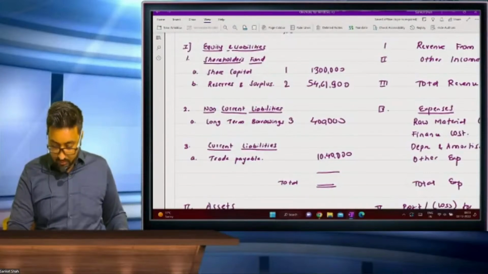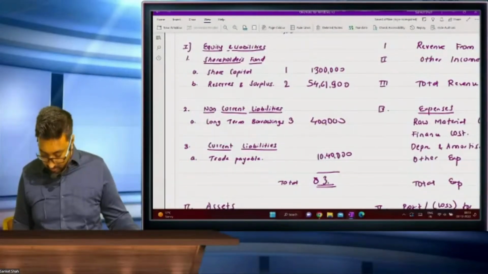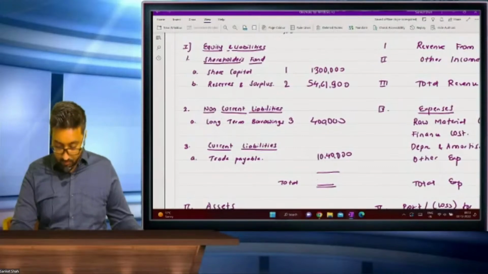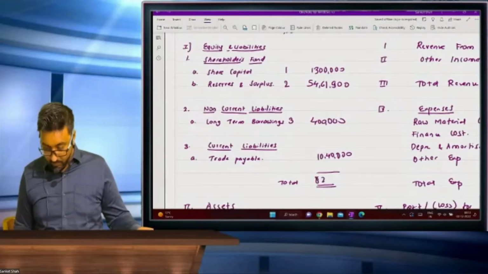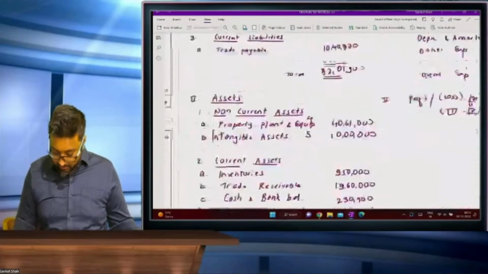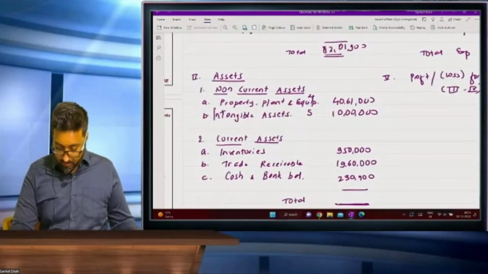400 plus 1040. 83 lakh. Sorry. 1300 plus 54, 61.9. 400, 1040. 82 lakh 1,900 minus 40,061 minus 1960.